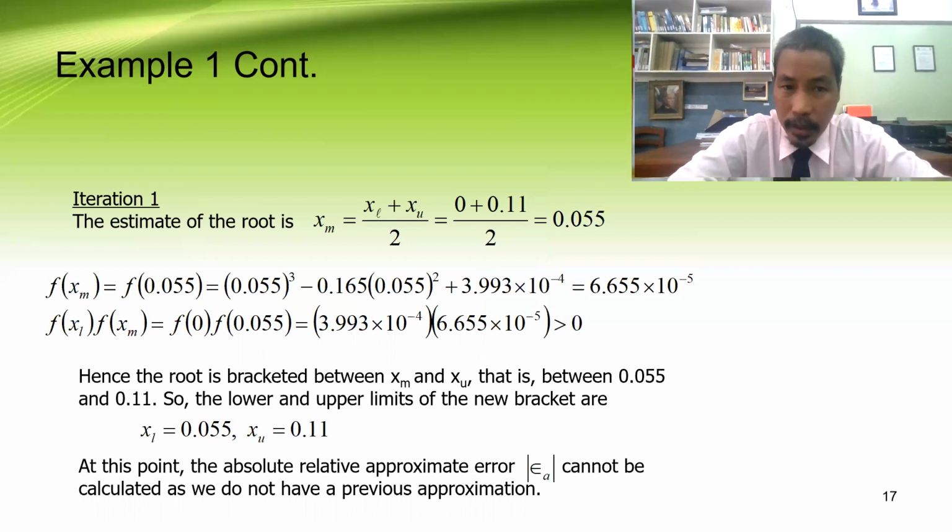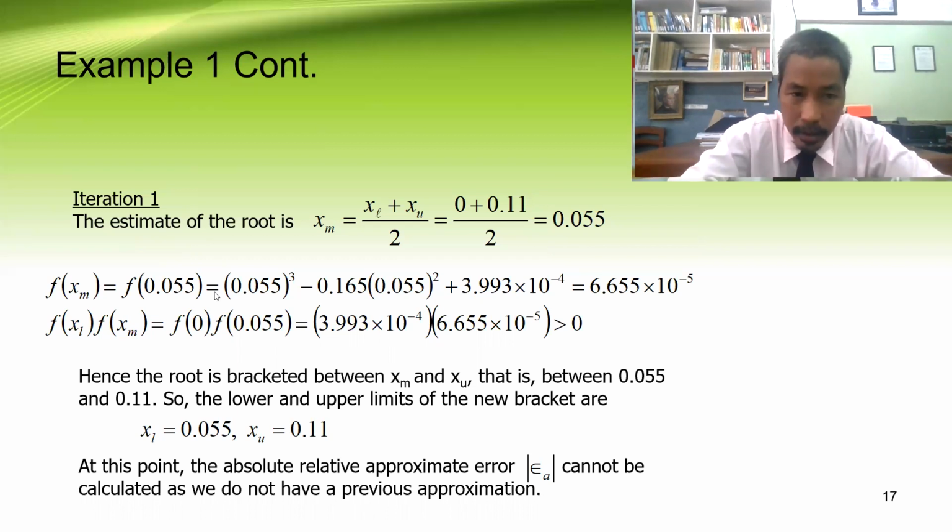So let us calculate xm or the midpoint. So just take the midpoint or the average. 0 plus 0.11 divided by 2 is equal to 0.055. Now substitute the value 0.055 to the function so that we can evaluate f(xm).